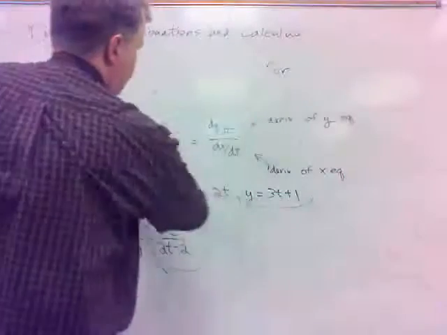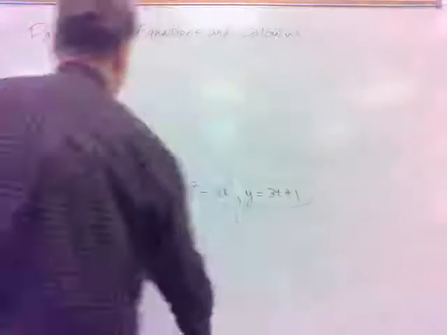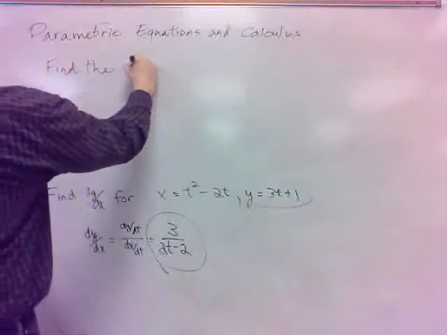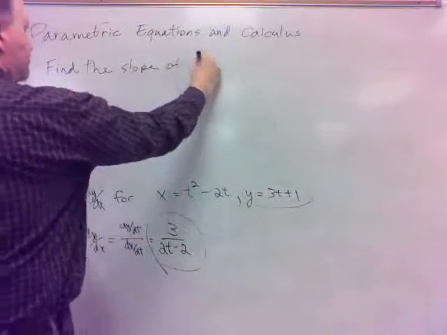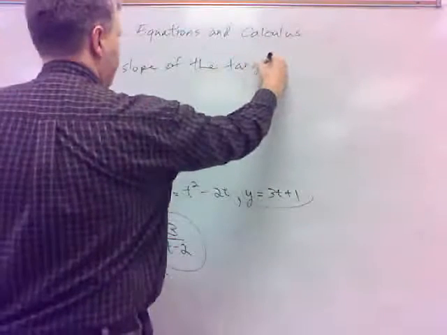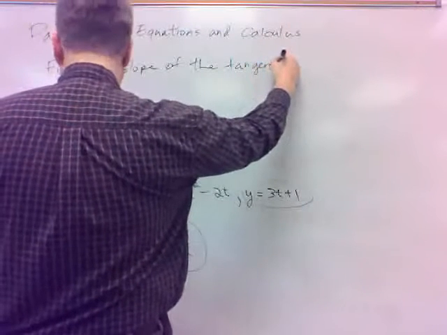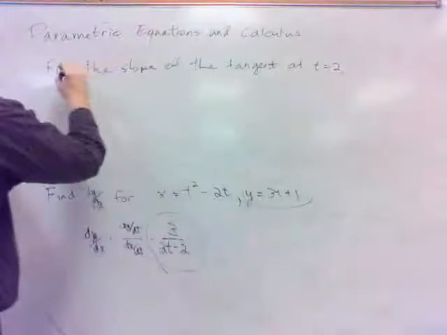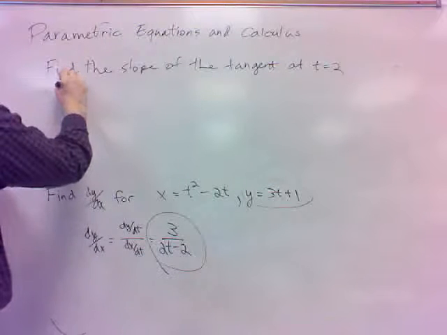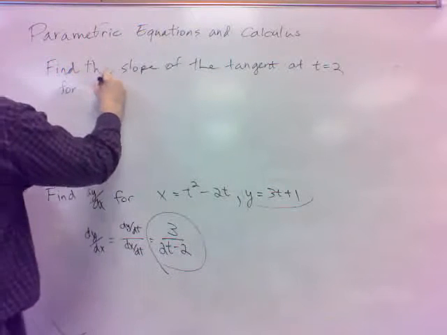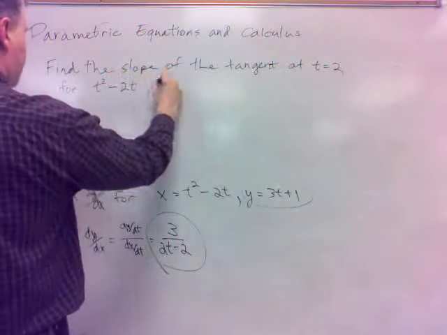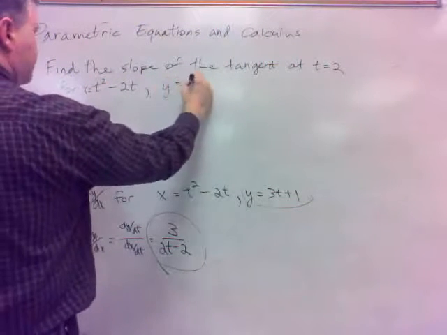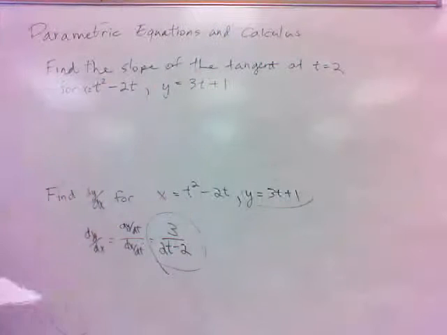All right. Try this one. Find the slope of the tangent at t equals 2 for x equals t squared minus 2t, y equals 3t plus 1, which is the same thing I just did, okay?